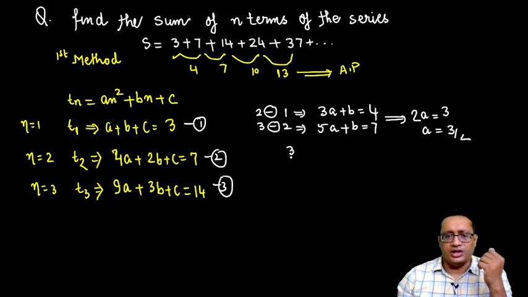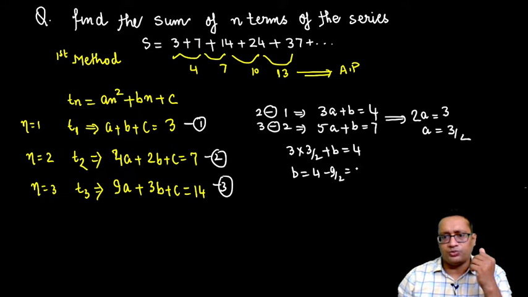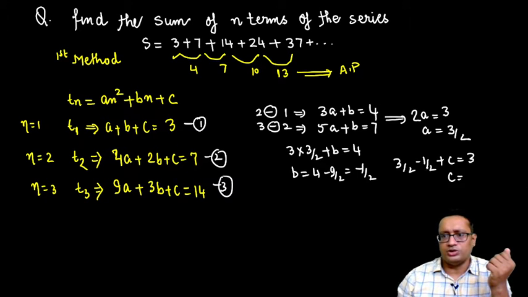Then 3a means 3 into 3 by 2 plus b is equal to 4, so b is equal to 4 minus 9 by 2, which is minus 1 by 2. Then a plus b plus c: 3 by 2 minus 1 by 2 plus c is equal to 3, and c becomes 2.